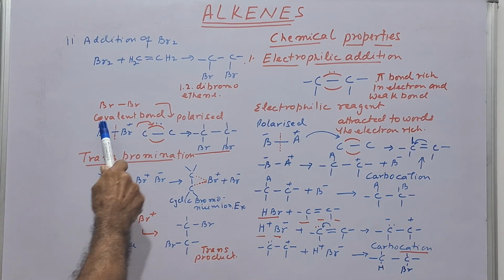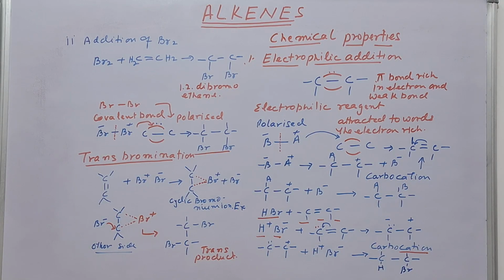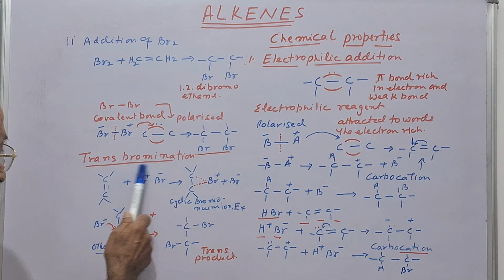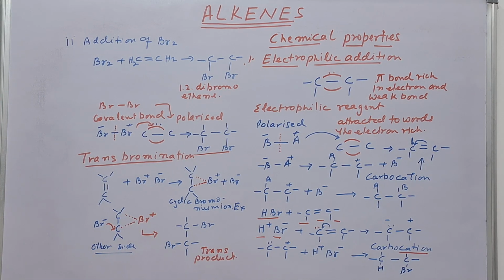Now in the case of the addition of bromine, trans addition takes place. It's very important. Trans addition takes place, that is a trans isomer. Listen, what happens?